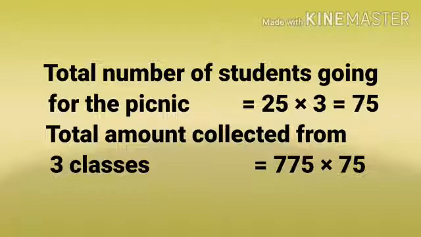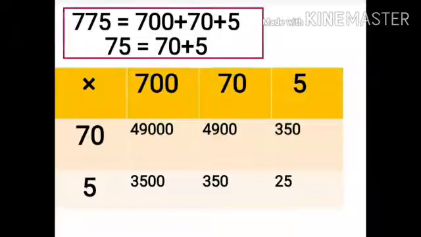Here 775 is the amount collected by each student and 75 is the number of students from all the 3 classes. As both the numbers are more than 1 digit numbers, first we will write the expanded form. 775 equals 700 plus 70 plus 5. 75 equals 70 plus 5.